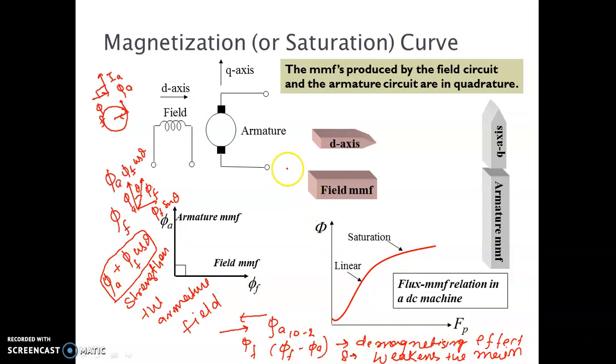So once the armature starts to flow current, the armature field has three effects on the main field: either it will distort it, strengthen it, or weaken it. These are the three types of effect of armature reaction.